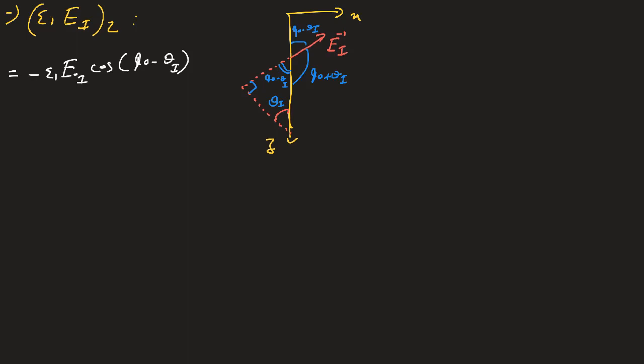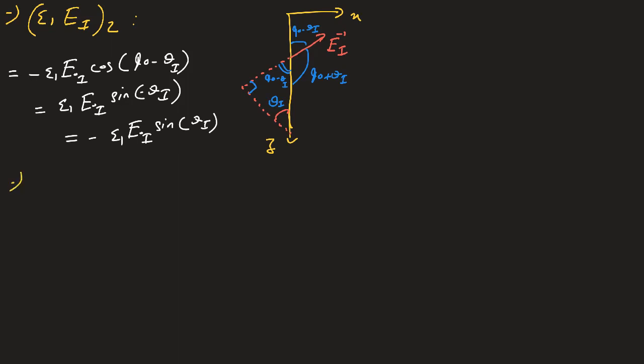Okay, and cosine of 90 minus theta incident becomes equal to sine of theta incident, which becomes equal to minus epsilon 1 E naught incident sine of theta incident. And of course you get a minus sign because it points in the minus z direction, right?